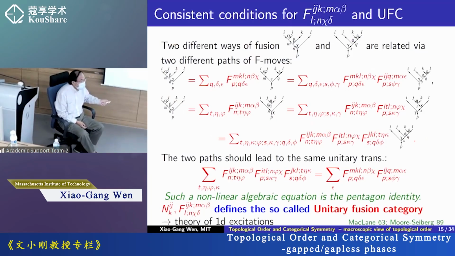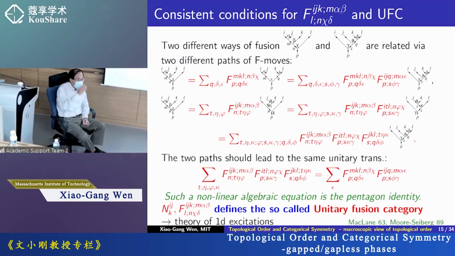Therefore the pentagon identity is a property of the 6J symbol. Now we turn things around. We say we don't have a vector space and we don't know how to compute this 6J symbol, but we use the pentagon identity as a defining property. That defines fusion formally, even without a vector space. This is what you need to have a formal fusion category.